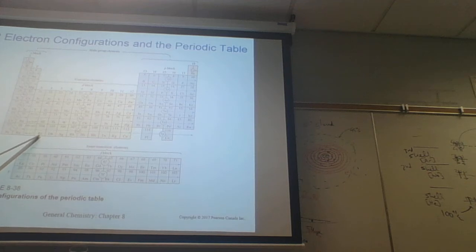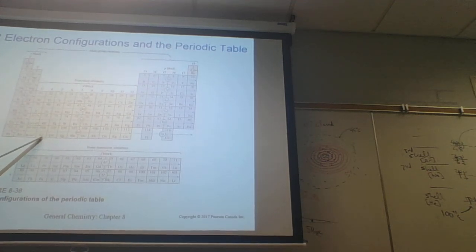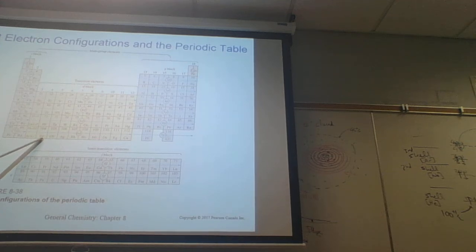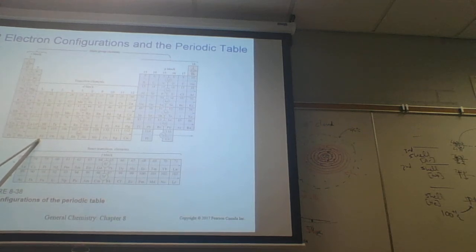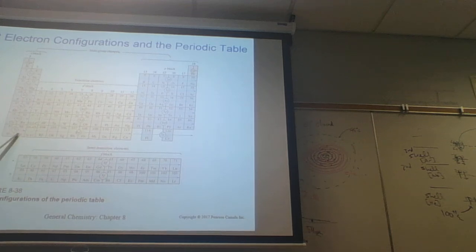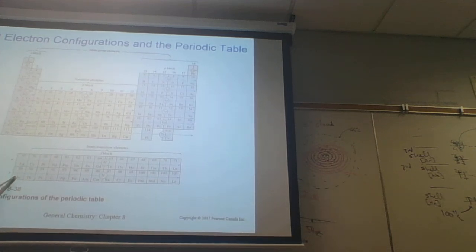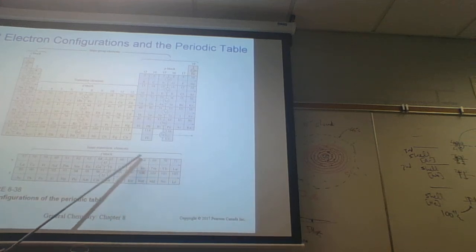But what if we did element number 104? How would we do that? We do element number 104 here, which is Rf. Well, we go to radon, 7s1, 7s2, and then we drop down here, 5f14, and then we go back up here.